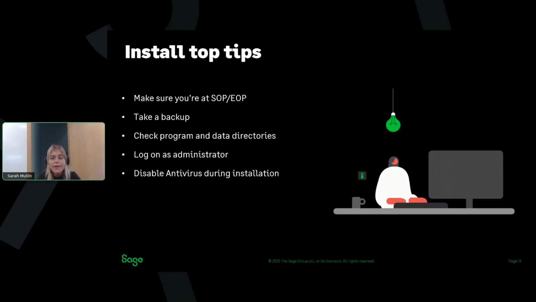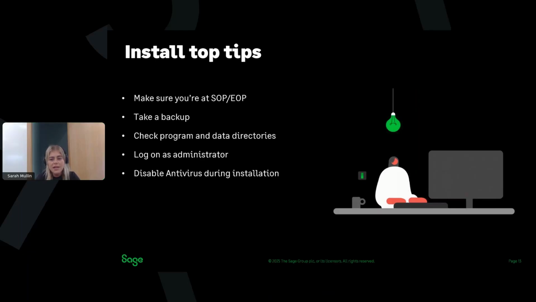We checked our directories, so you can find your program and data locations under help and system information. So we took a look at that in the demo. We do advise logging on as an administrator, so you will need the right permissions to make sure your update installs correctly. But if you're unsure what permissions you do have, your IT team should be able to give you a hand with that.